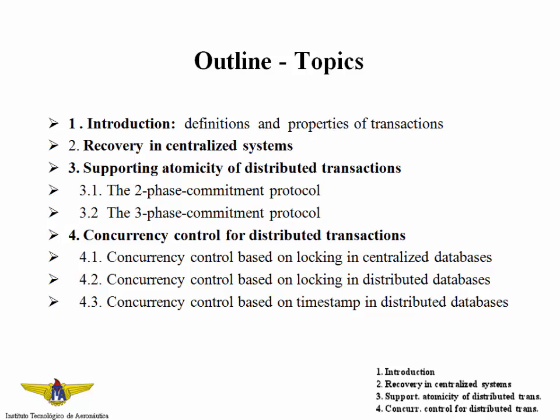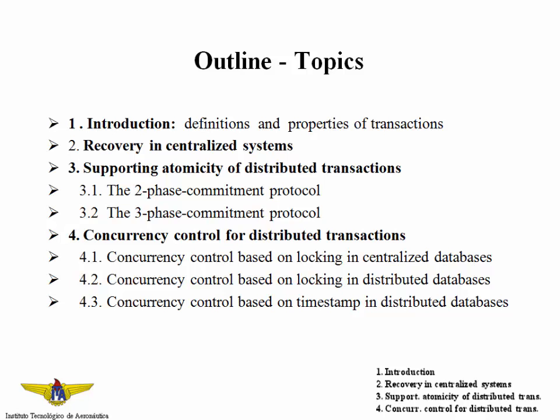That's very basic, but very relevant to understand the whole transaction distribution, and I will also present how you can support atomicity of distributed transactions. In this case, I'm going to talk about the two-phase commitment protocol and the three-phase commitment protocol.